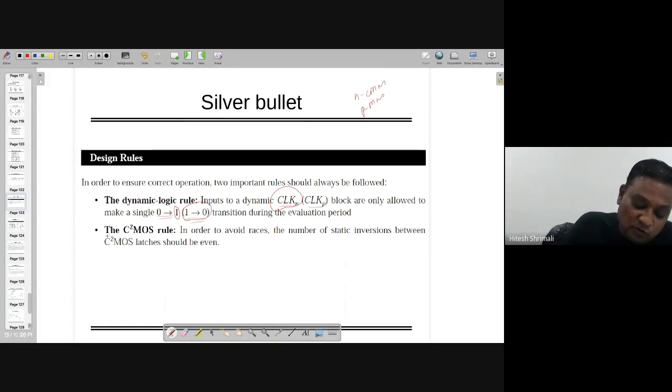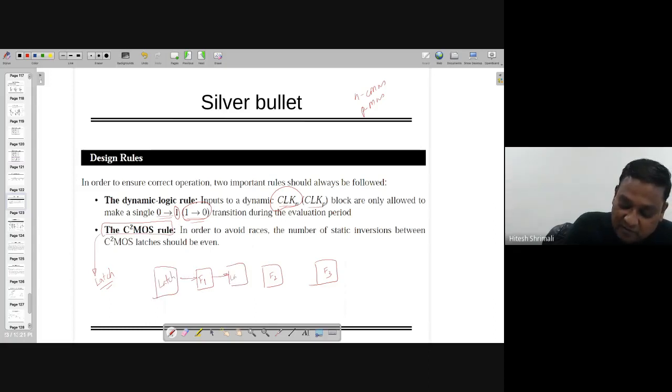And of course, the C-square MOS rule. This is actually a latch which is going to be kept in between different functions. Like if there are many functions, F1, F2, F3, then I should have the latch in between every input and output.